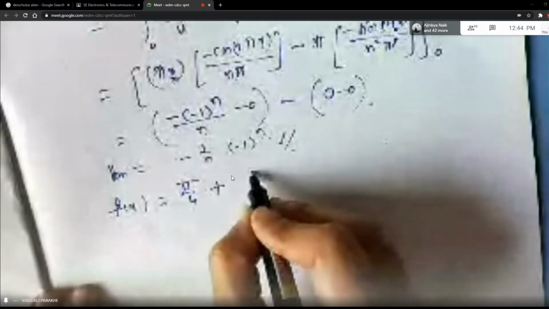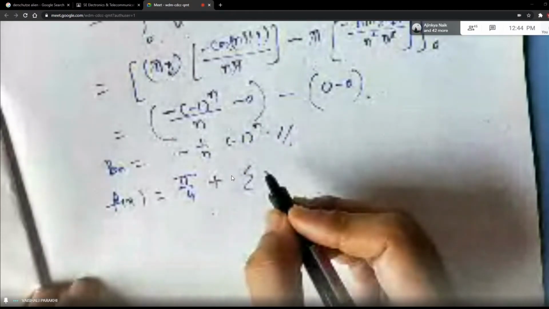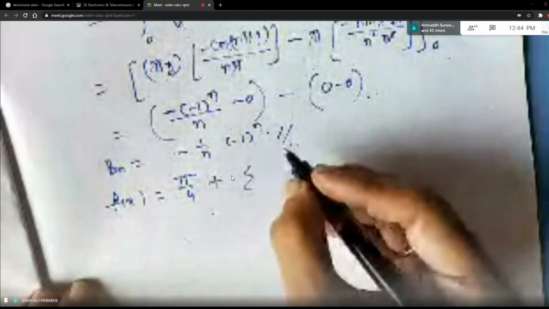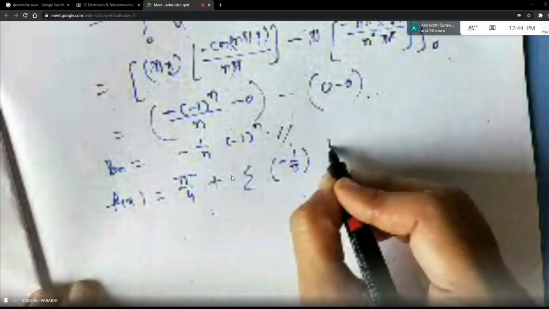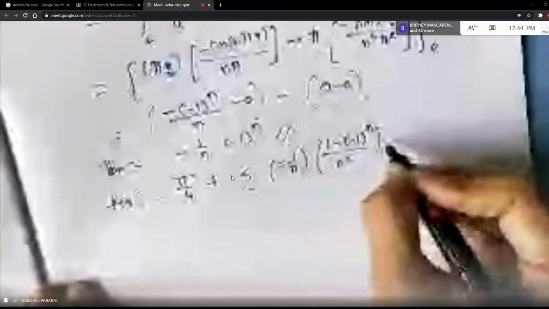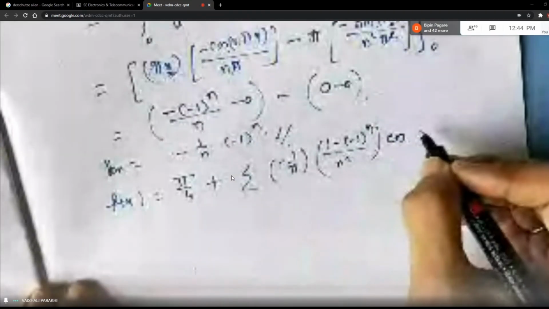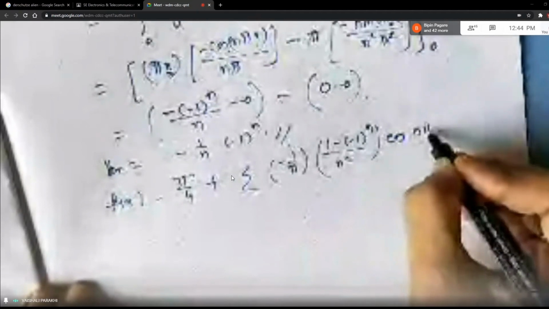Okay, so once we get Bn, now we have got A0, An and Bn. Now it's time to write the Fourier series for this. So what is the Fourier series? f(x) is equal to A0. What is A0 you got? Pi by 4 plus summation of An. An is minus 1 by pi, right? 1 minus (minus 1) to n divided by n square into cos of n pi x.